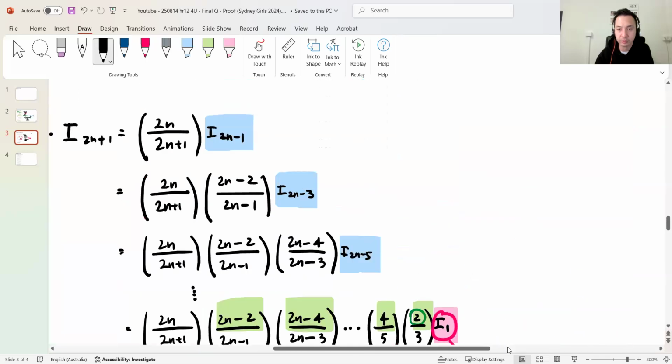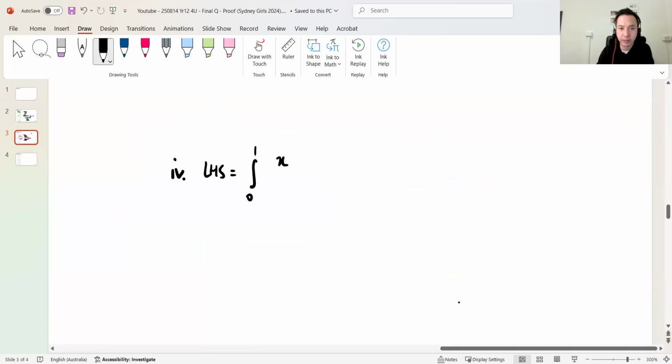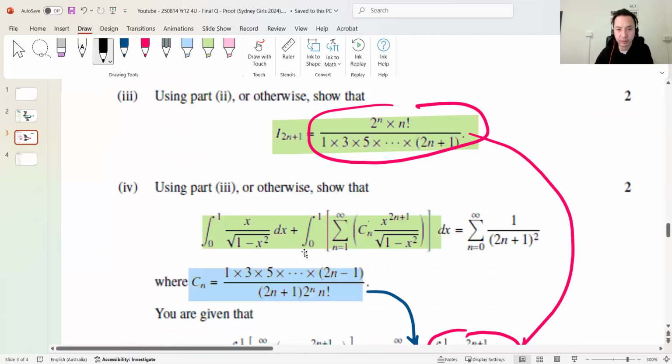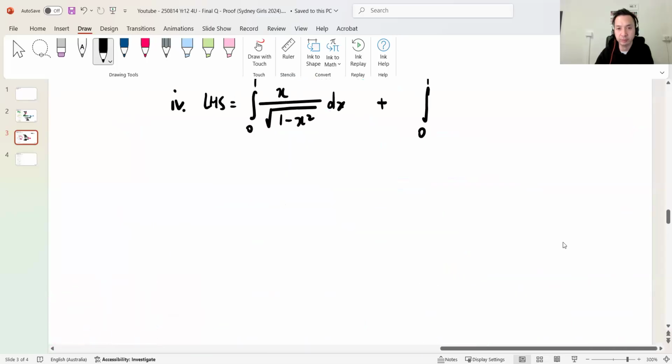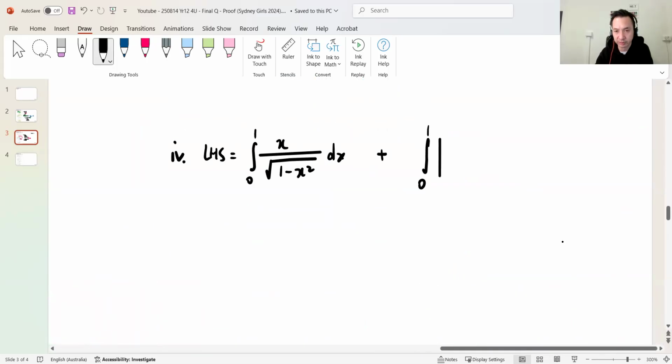The integral from 0 to 1 of x over the square root of 1 minus x squared dx plus the limit of the absolute value of the sum, n equals 1 to infinity, of cn x to the 2n plus 1. I'll check this here. Let me just write it first.